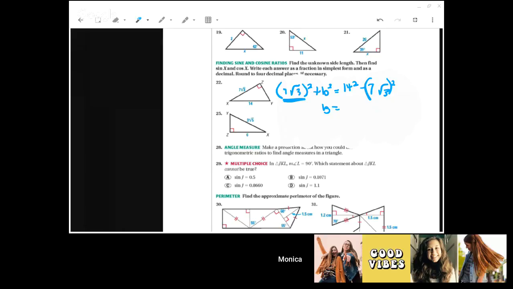Okay, so one side is 147. So then you're going to do 14 squared minus 147, and then the square root of that.